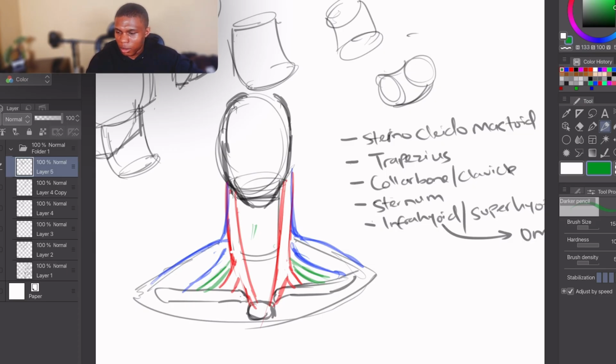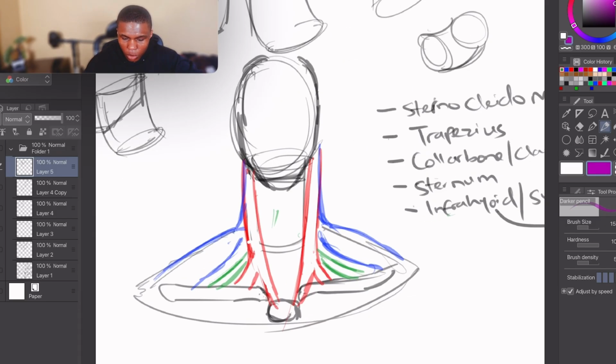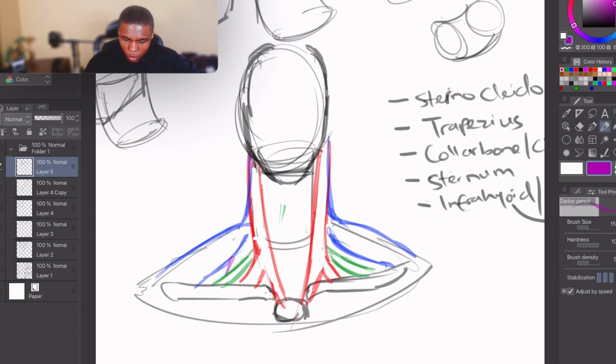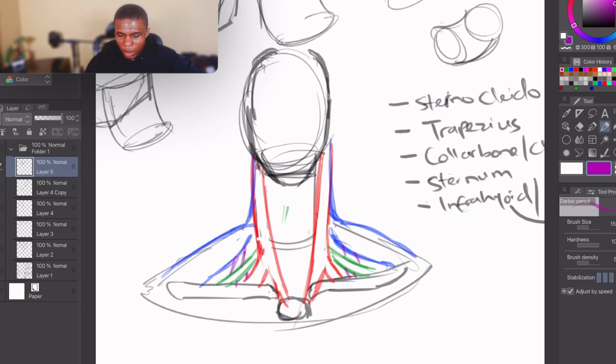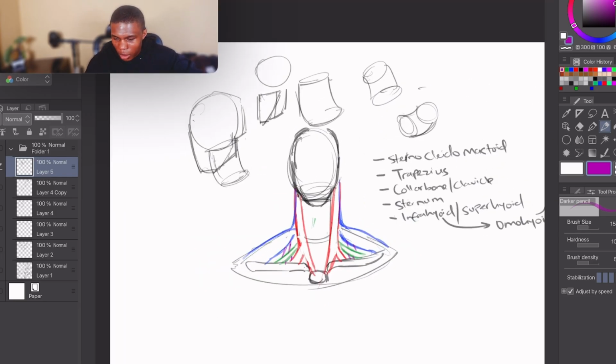And then there's one more muscle I'm missing. It lies below this muscle, but I've forgotten the name. But I do know that it goes scale... That's the name, it's the scalene muscle. It goes over here like this, and it helps with shrugs. So I'm just going to put it like that, and these are the muscles of the neck.